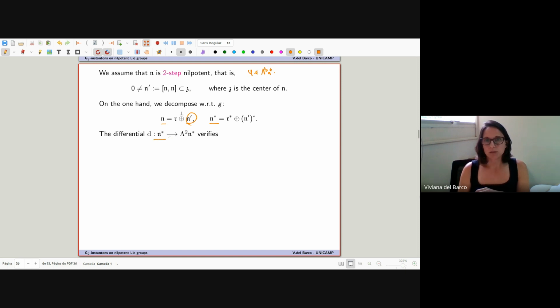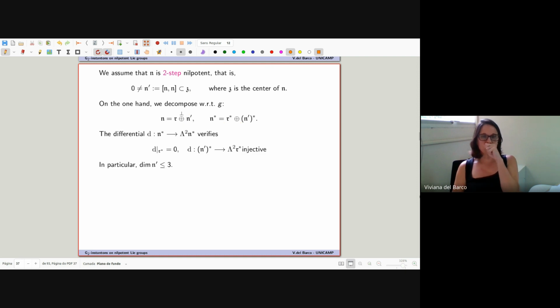The differential will behave differently in these two terms. Actually, it verifies the following. The differential restricted to the complement of n prime is 0, and on the dual of n prime, it is injective. In particular, since the algebra is 7-dimensional, that tells you that the dimension of n prime is always less than or equal to 3.